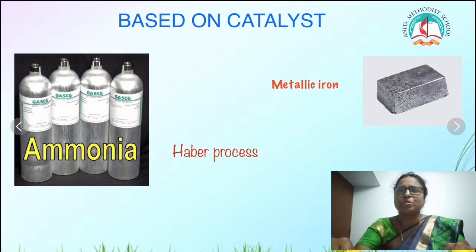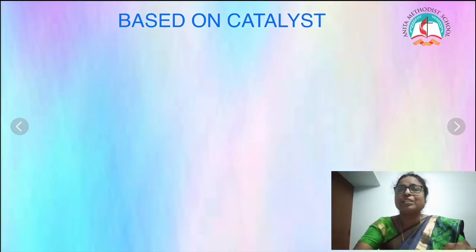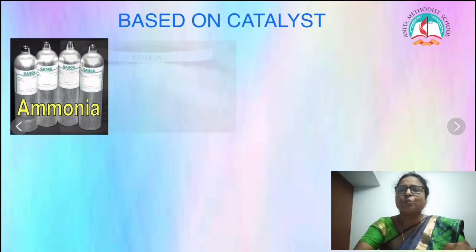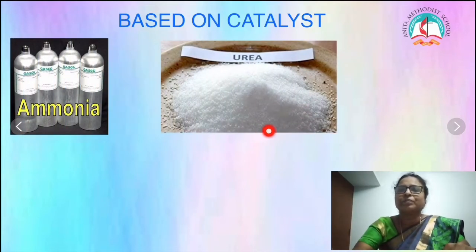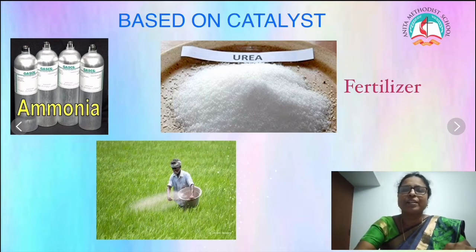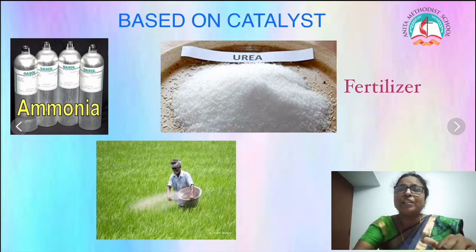In the Haber process, this ammonia is used to manufacture urea. It is a fertilizer, isn't it? This fertilizer is used where? In agriculture, isn't it? So, a catalyst speeds up chemical reactions.